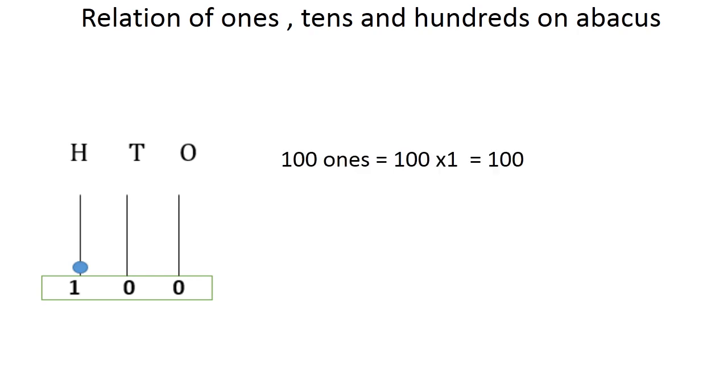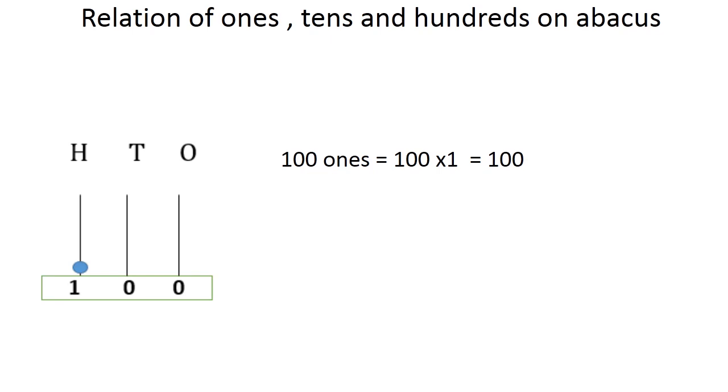See here, if you want to know that how many ones are there in a 100, मतलब अगर हम ये जानना चाहते हैं कि 100 कितने ones के बराबर है, तो वो होता है 100 ones.